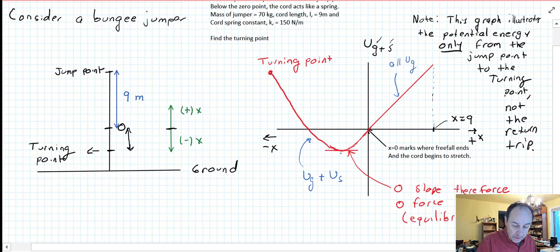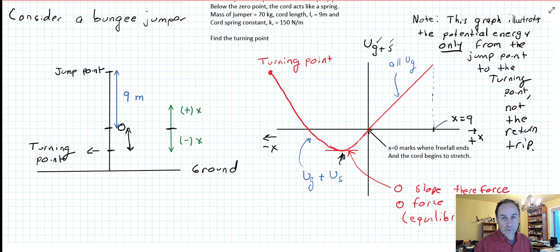At this point right here, the slope of the curve is 0, which means force is 0. Remember, it's an equilibrium point. So that means the net force is 0. Doesn't mean they stop moving. It just means the net force is 0. And as they keep moving, that's going to store more energy in the spring.